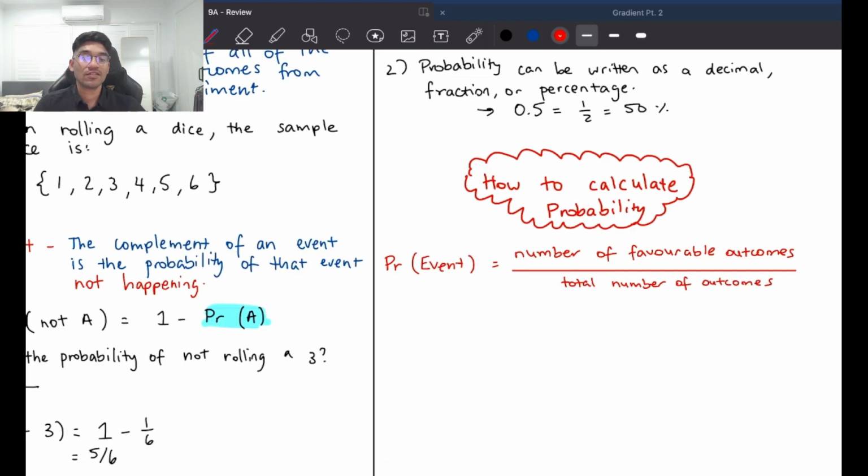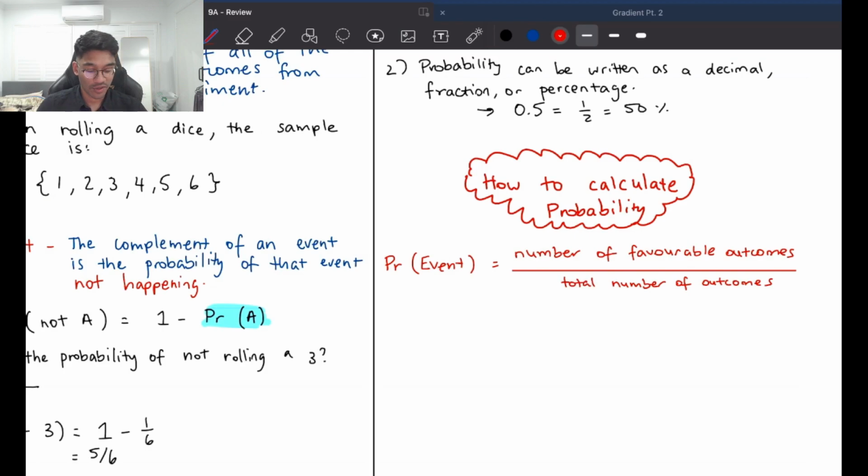Now this is a lot of words, but like I think I've told you guys before, mathematicians like to make easy things very complicated. So even though it's very easy, they write it in a complicated way, but it's pretty straightforward. We're going to do a worked example and I'll show you what I mean.